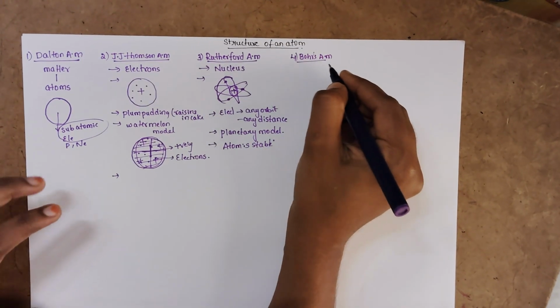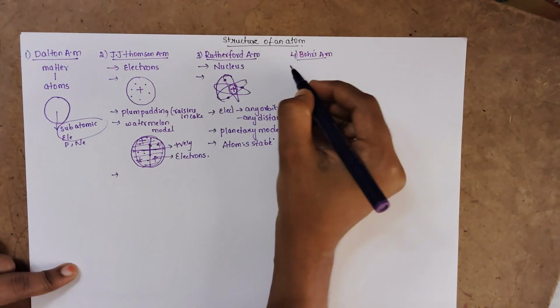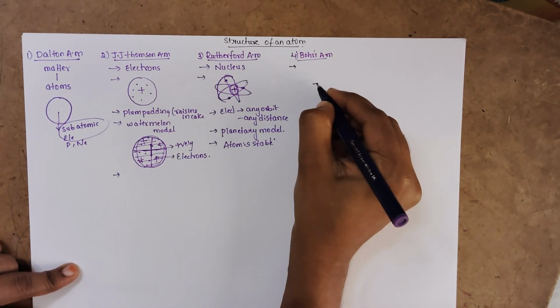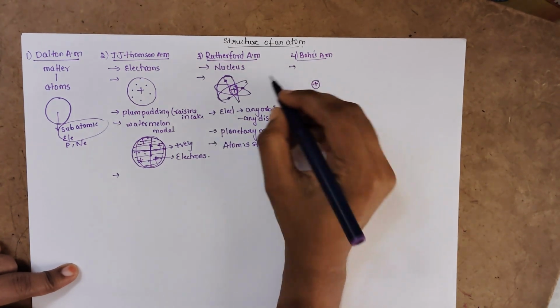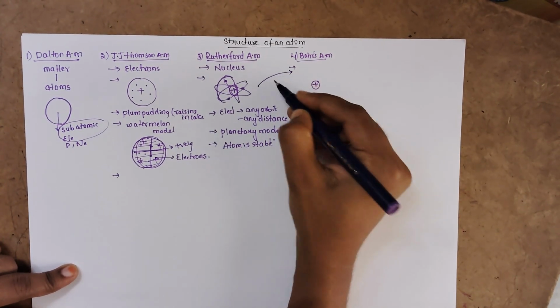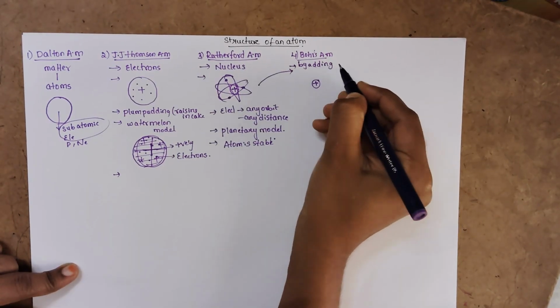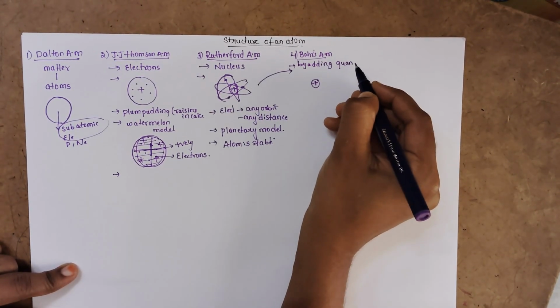Next model is Bohr's atomic model. In this model, he said that it consists of a positively charged nucleus. This is the improvement from the Rutherford atomic model by adding quantized energy levels.